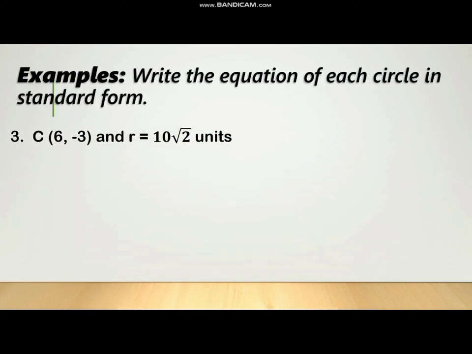Number 3. Center at point (6, negative 3) and r is equal to 10 square root of 2 units. Here we have h equal to 6, k equal to negative 3, and r equal to 10 square root of 2.